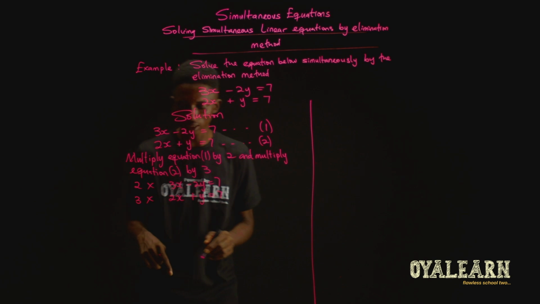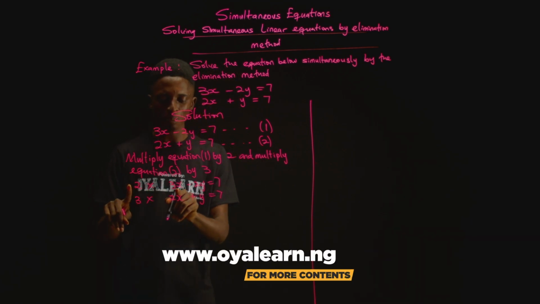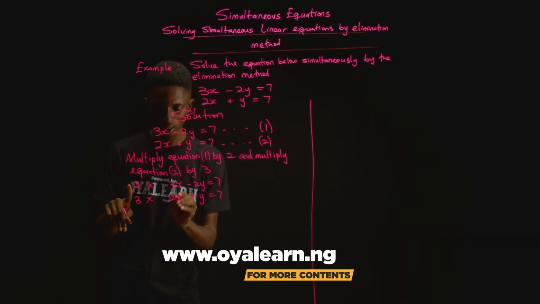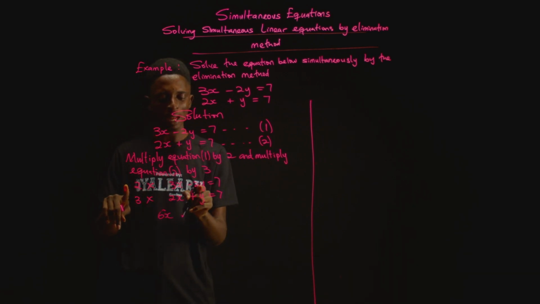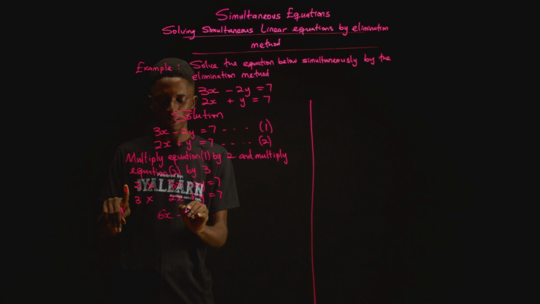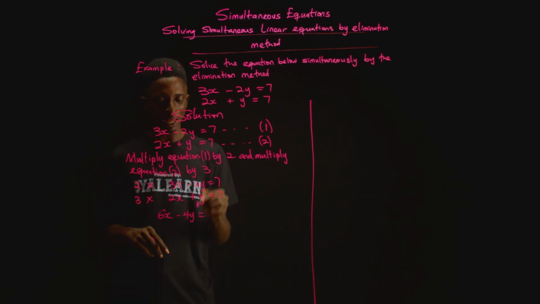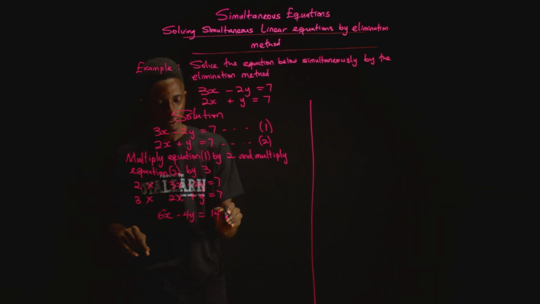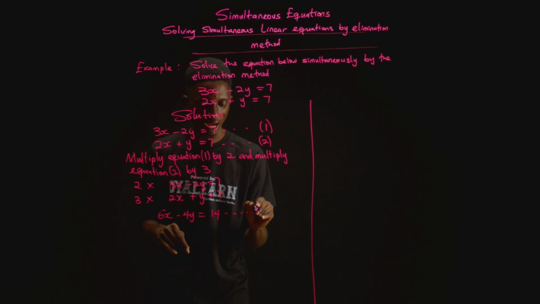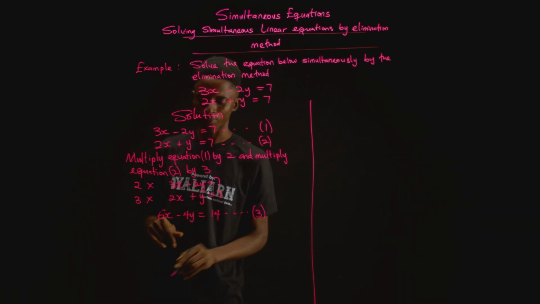Now let's see what this would give us. So 2 multiplied by 3x would give us 6x. And 2 multiplied by minus 2y will give us minus 4y equals, and then 2 multiplied by 7 will give us 14. This is now our new equation 3.